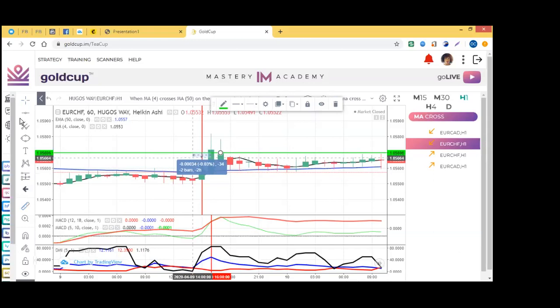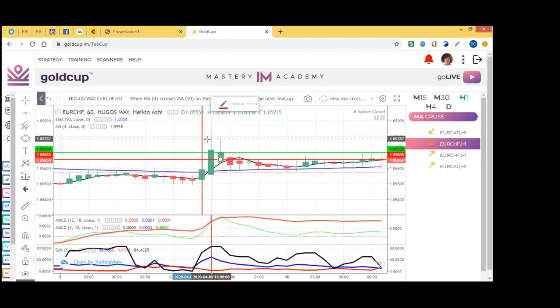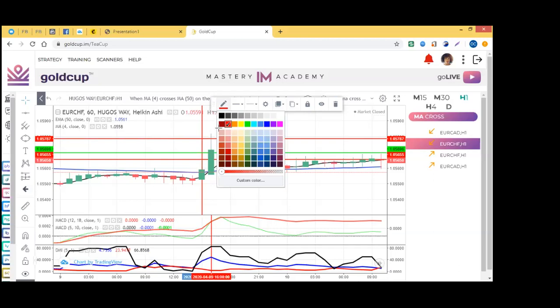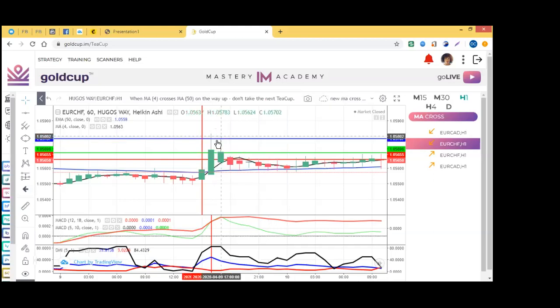So this would be your stop loss for the trade, somewhere around this zone, and then your take profit will be somewhere around this zone. But that is if you're doing a 50 pips take profit.